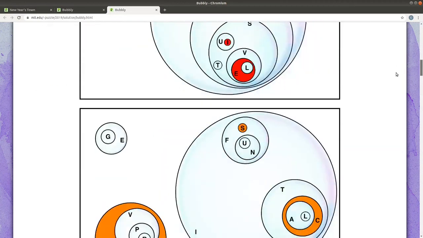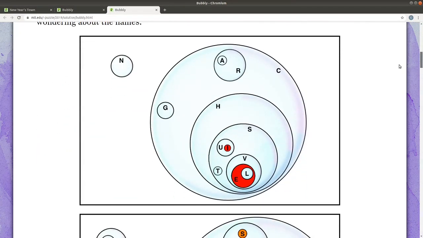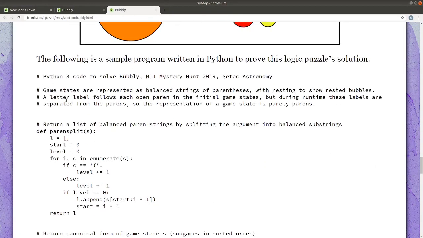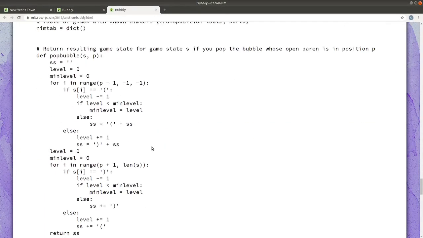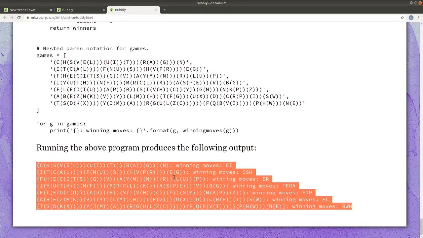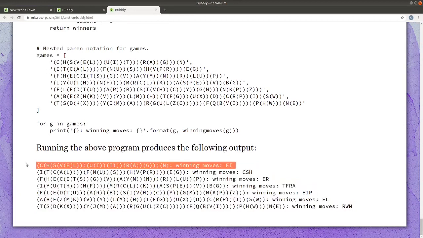But what is not shown is any write-up of how you actually determine that it's I and E. There is a program in Python here, and at the end it shows the output of the program, and in each case it shows one of the games and the winning moves for that game, E and I in the first case.